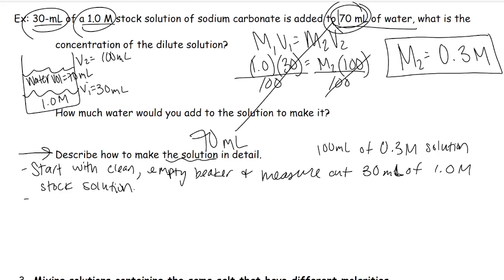After you do that, you would add 70 milliliters. In this case, it's okay to measure your water in a graduated cylinder.